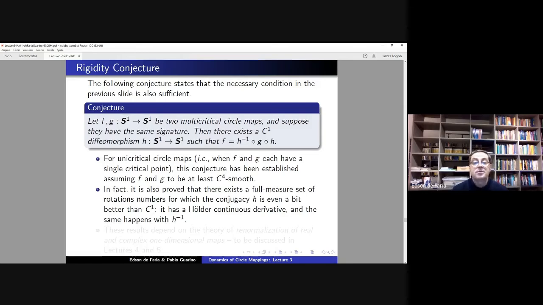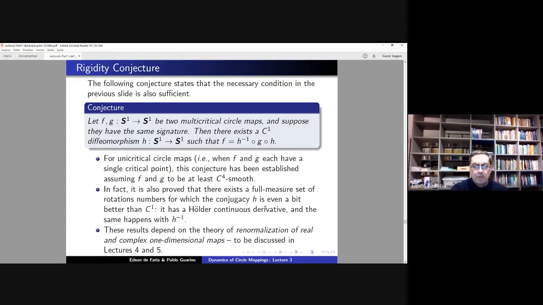As a matter of fact, it was proven by Pablo and Wellington de Melo earlier that if you have two C^3 multi-critical circle maps with the same bounded type rotation number, then there exists a C^{1+alpha} conjugacy between the two maps, and alpha is actually a universal number.